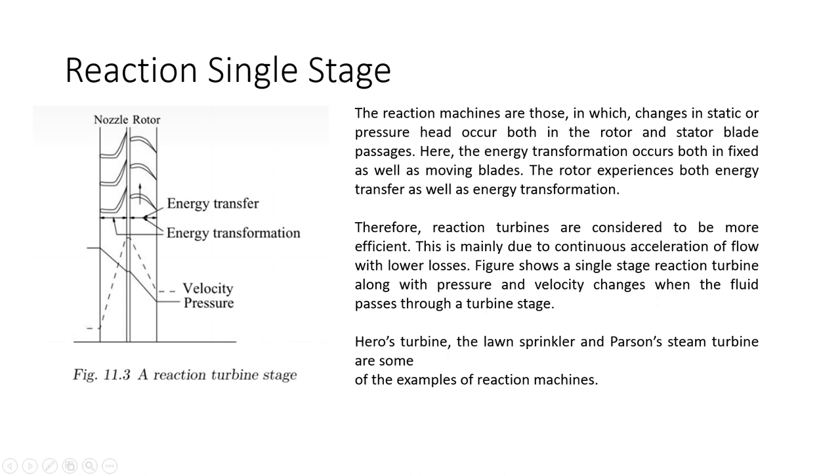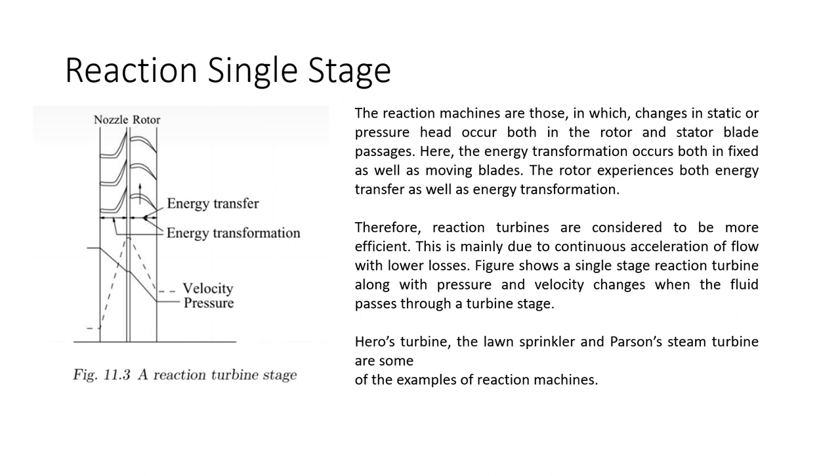In the reaction stage, even here your energy transformation is occurring, so you're transferring more energy compared to your impulse stage. Reaction machines are those in which changes in static or pressure head occur in both rotor and stator blade passages, like I said in the first point.